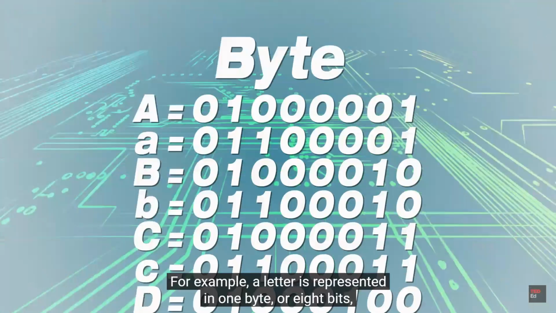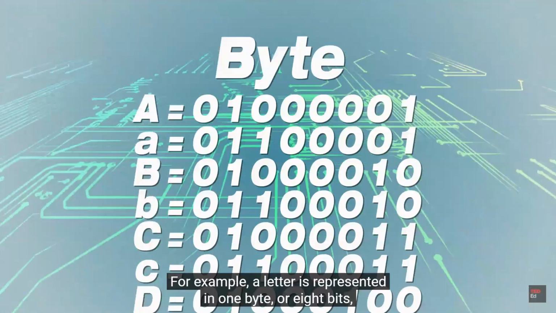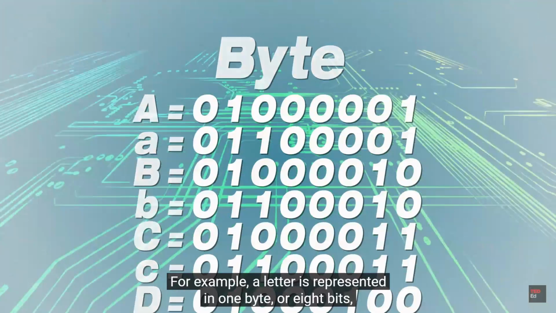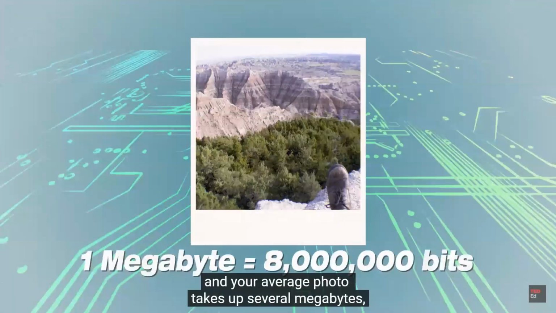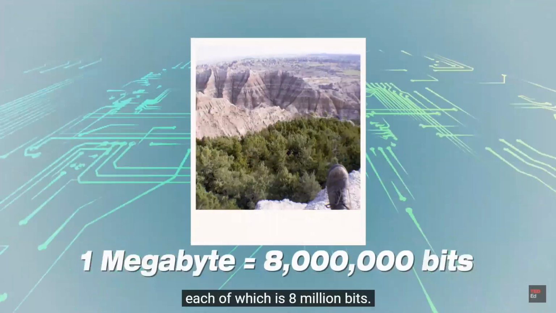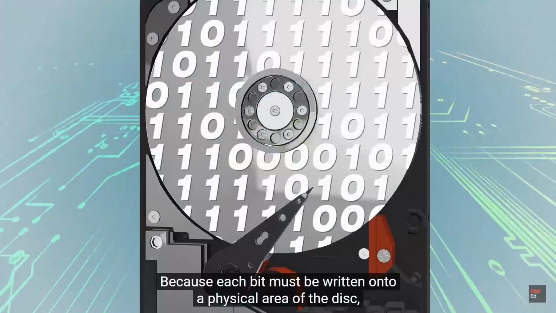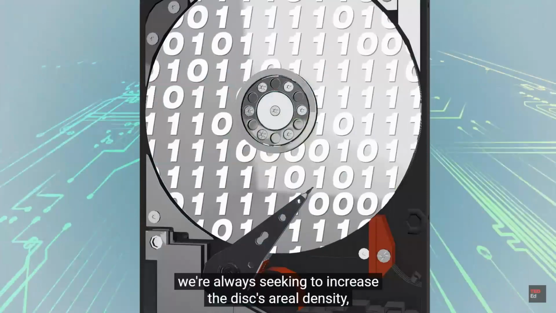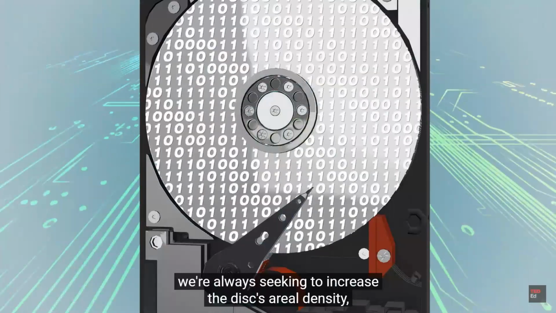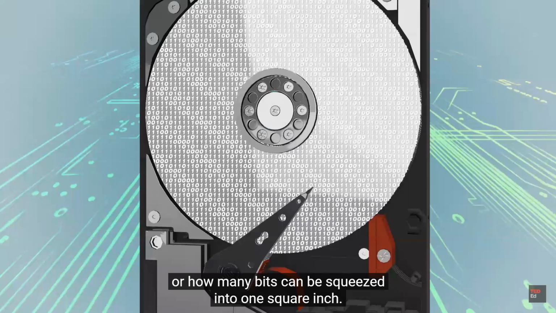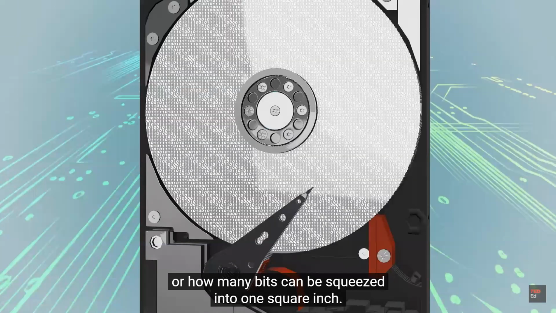For example, a letter is represented in 1 byte, or 8 bits, and your average photo takes up several megabytes, each of which is 8 million bits. Because each bit must be written onto a physical area of the disk, we're always seeking to increase the disk's areal density, or how many bits can be squeezed into 1 square inch.